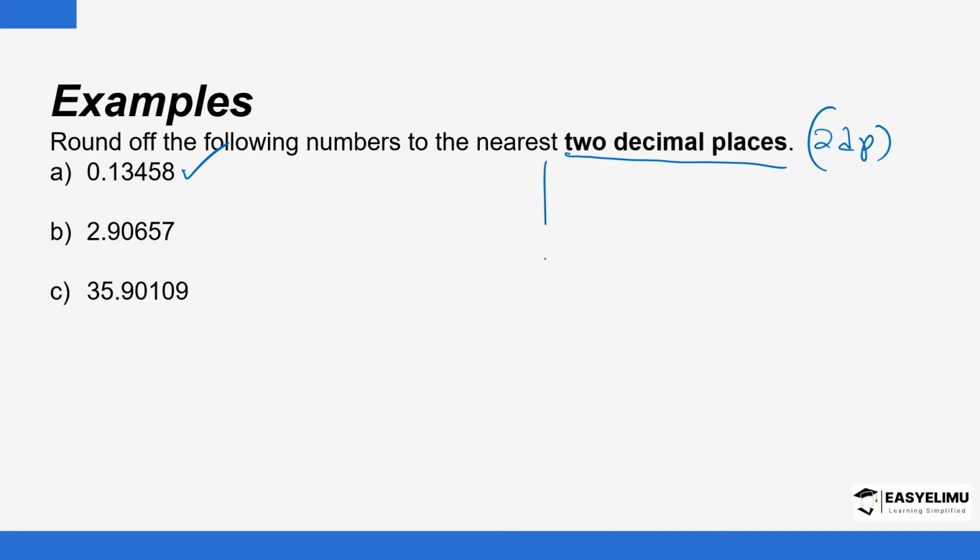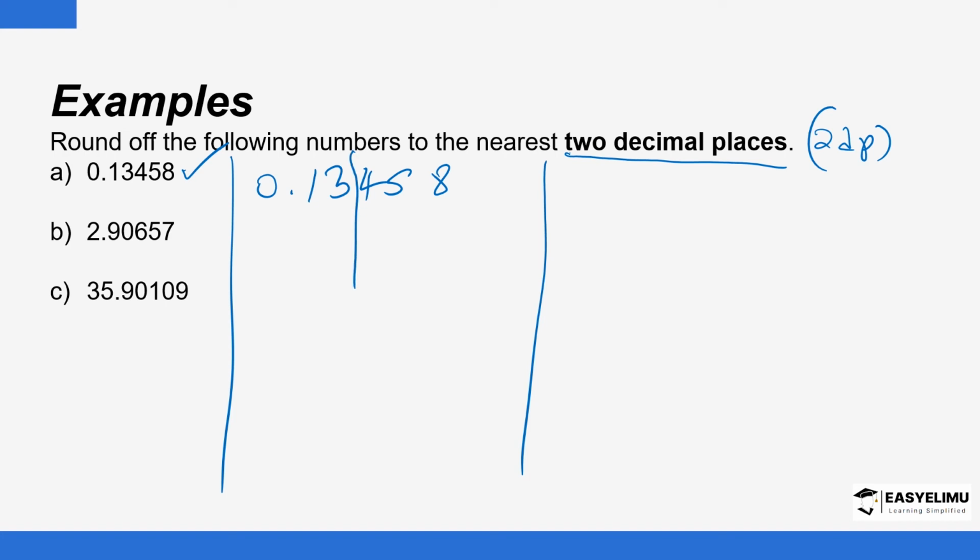So let's start with the first one here. We have 0.13458. The number of decimal places are counted from the first digit after the decimal point. So 1, 2, then you draw the cutoff line. Just like we did in the previous case when rounding off to the nearest place values, the digit after the cutoff line is what is most important.